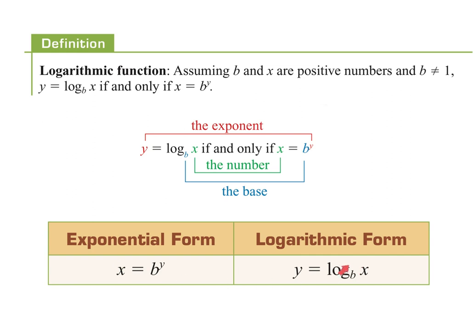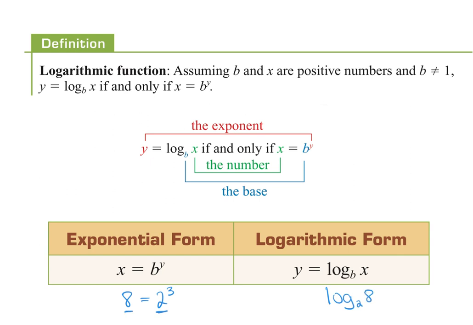So if we were going to rewrite this, let's say we have some number, 27 equals 3 cubed, or 8 equals 2 cubed, right? So something that we know, 8 equals 2 cubed. Everybody would agree with that. How would we write that as a logarithmic function? Well, the base is 2, so log base 2 of 8.